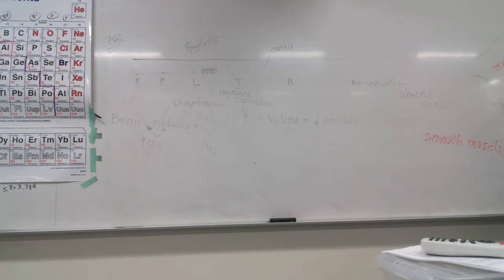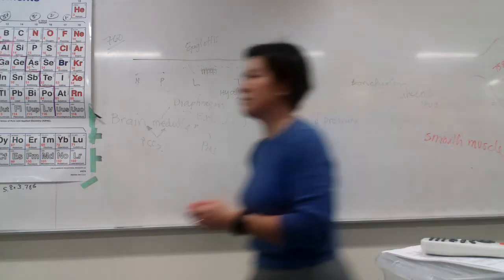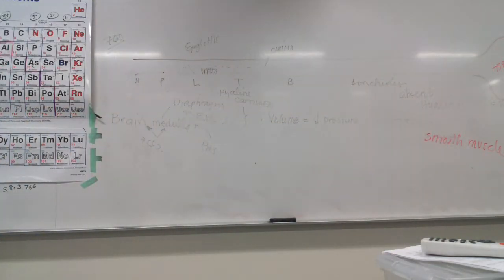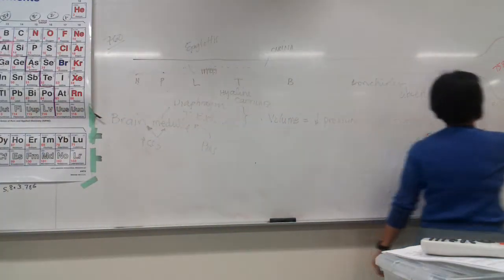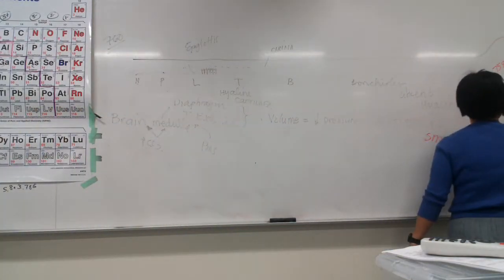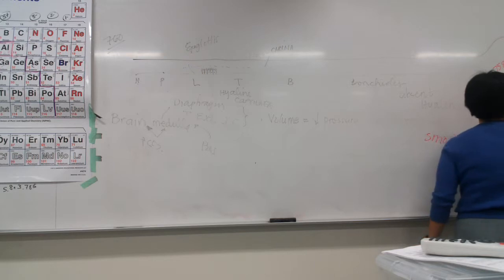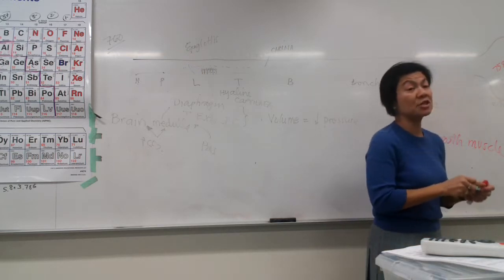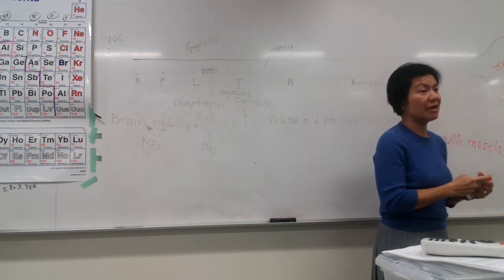So this is my alveolus, right? And then next to it will be my capillary endothelium. So this green one will be the pulmonary capillaries, which, remember, are also simple squamous epithelium, right?